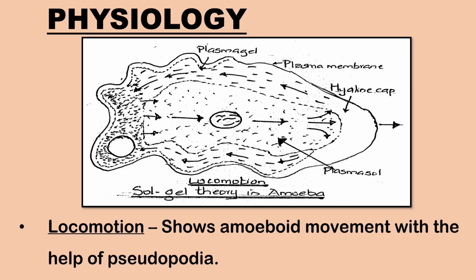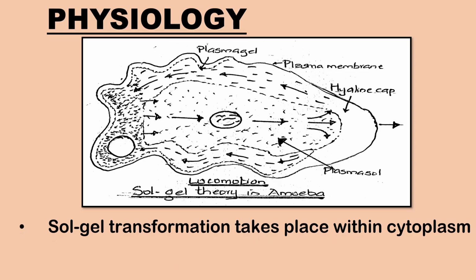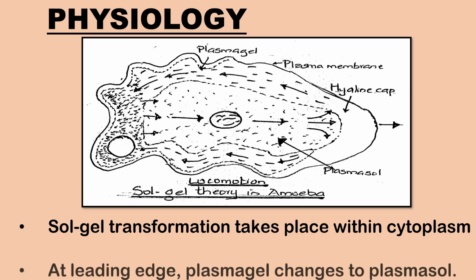Amoeba shows crawling movement called amoeboid movement, which takes place by the formation of finger-like projections called pseudopodia. This movement involves a process called sol-gel transformation within the cytoplasm.